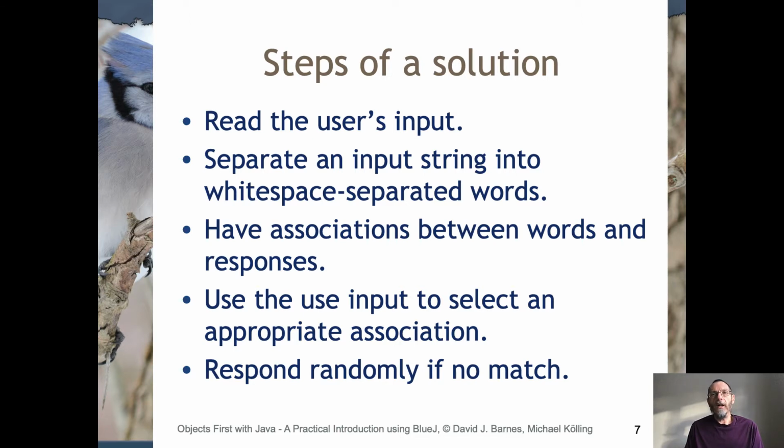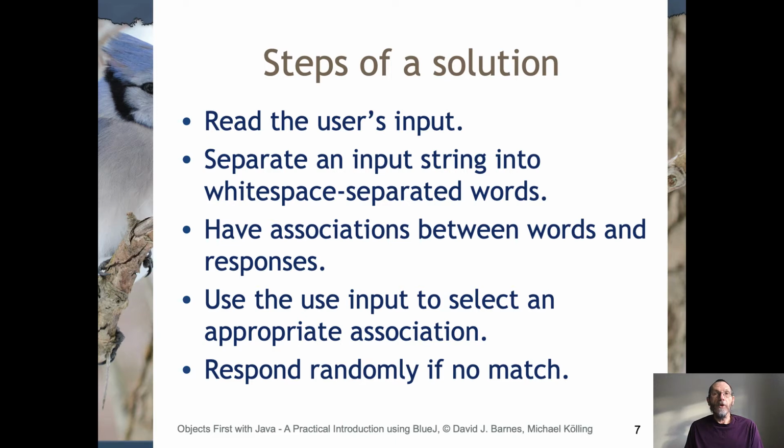We want some kind of random generation of that, because we don't simply want the program to keep repeating, I don't understand, but we want to give the impression that there's possibly a human user that's reading the user's input and responding in an intelligent fashion. So we want a degree of randomness in the responses if we don't find some kind of match.